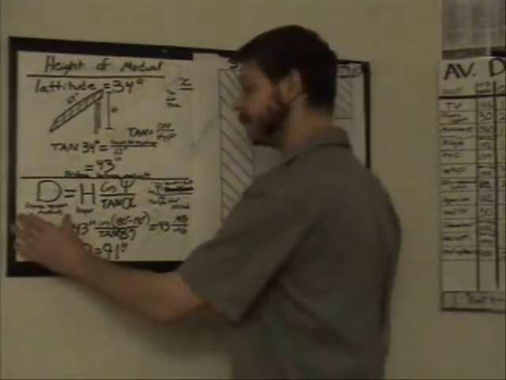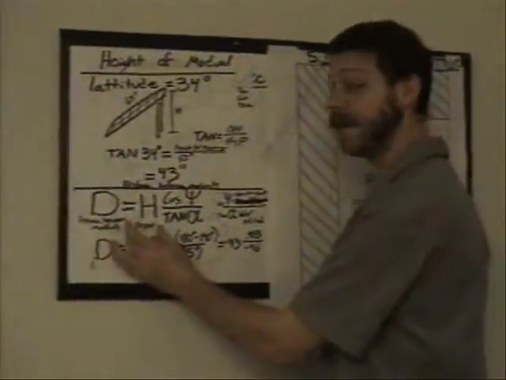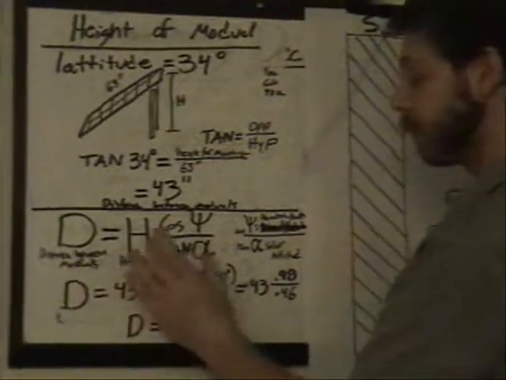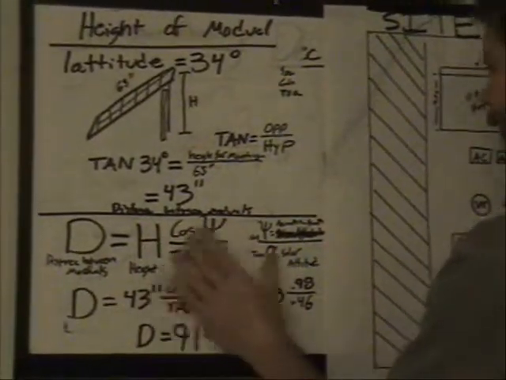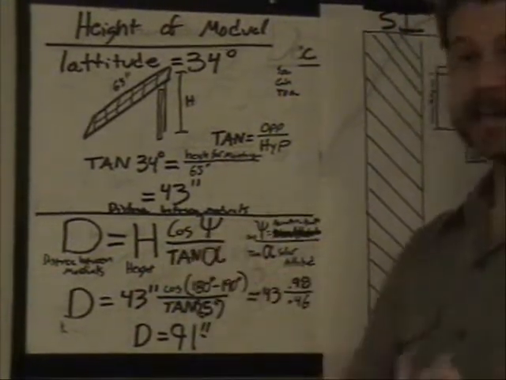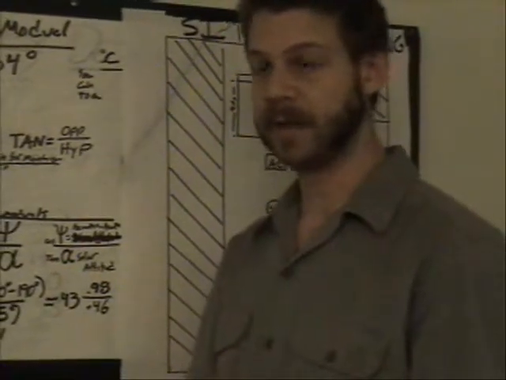Your equation is actually the distance between the modules must be the height of the module, and that's the height we just figured, multiplied by the cosine of lambda, which is equal to the azimuth angle of the sun subtracted from the azimuth angle of your array.